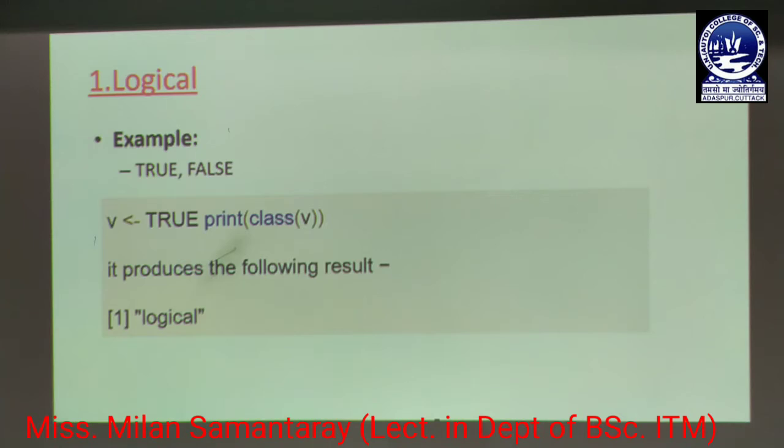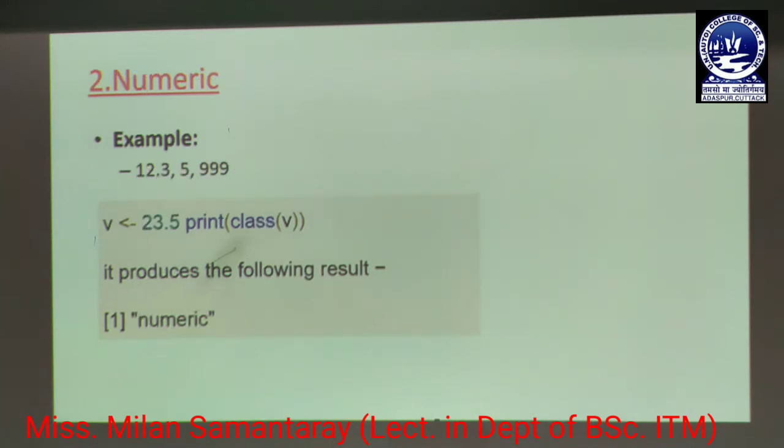Next we enter a numerical value in the variable. When we enter a numerical value, it may be a floating point or an integer type of value. It is a number, and we have to assign this value to the variable.